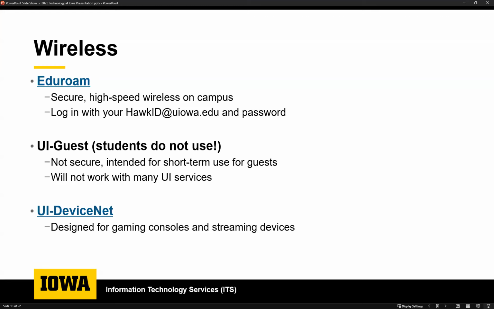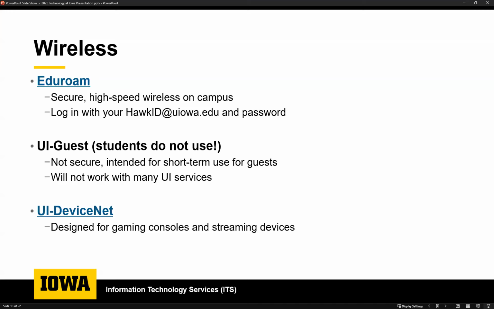Because you can't log into those devices with your Hawk ID, we created that DeviceNet wireless network for all of those devices. This is only available if your student is living in university housing on campus.